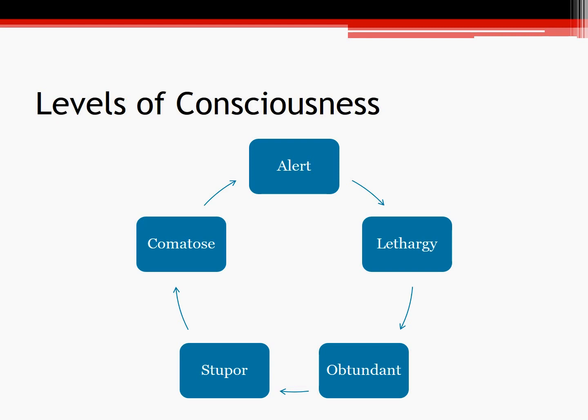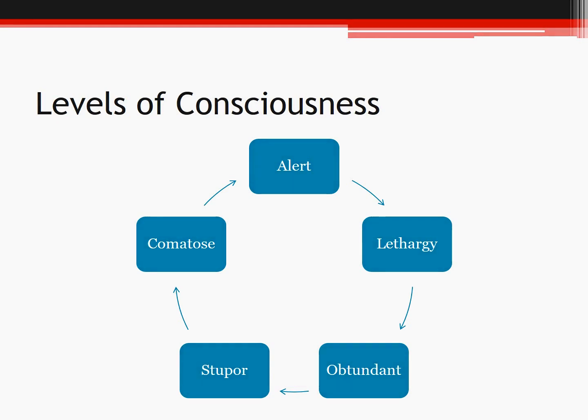They can't make a simple, complete sentence, or it requires repeated stimulation to actually keep them awake. They could be in a stupor or be stuporous, meaning that there is no verbal response. They may moan. They may respond to painful stimuli by moving their extremities, or maybe they're comatose, and comatose means that there is no evidence of awareness.